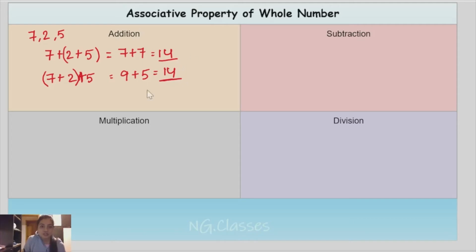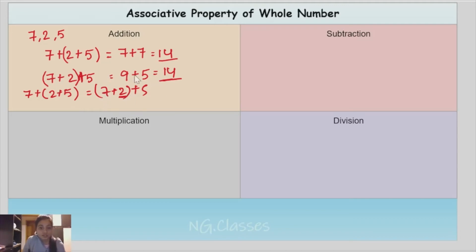So when we have to add 3 numbers, 7 plus 2 plus 5 is same as 7 plus 2 and then plus 5. Okay, so this is called associative property. On the left side, you can see 2 is getting associated with 5. And on the right side, you can see the same 2 is getting associated with 7.